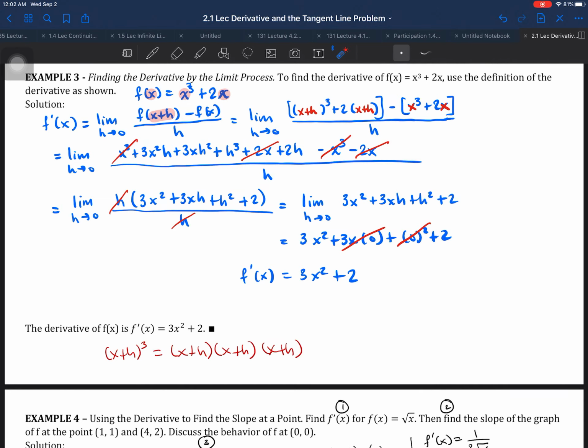And once you factor it out, then you can cancel. Again, don't forget the limit that's still carried, and so the result is 3x squared plus 3x h plus h squared plus 2. Now you can apply the limit. Every time you see an h, replace it with 0. I did that, and those terms are multiplied by 0, so they cancel each other out. So the derivative is 3x squared plus 2.